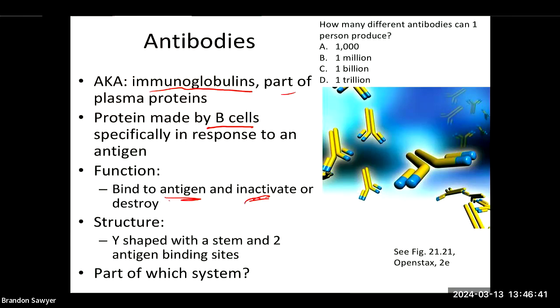They usually have a Y-shaped structure with a little stem, and that Y shape gives them the ability to bind to two different antigens at the same time. By doing that, it creates big clumps in the blood, which inactivates and immobilizes these antigens from being able to bind to anything else. So it's definitely part of the adaptive system.